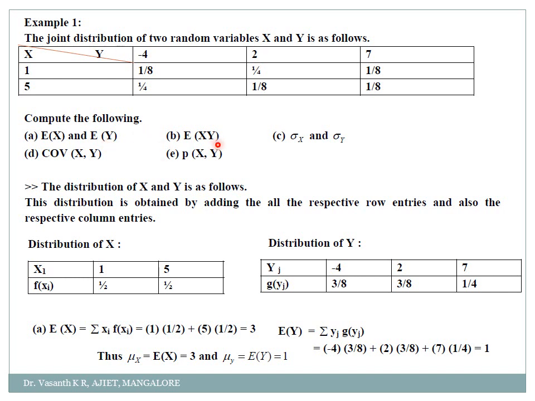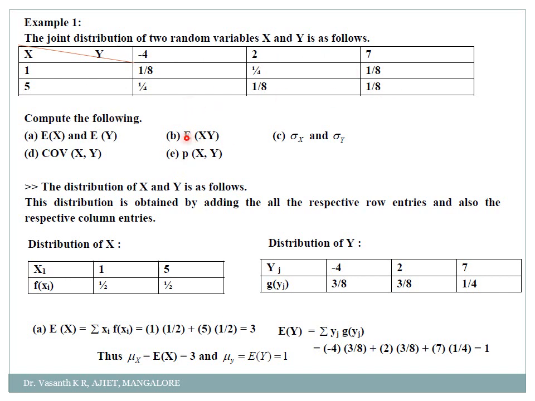Yes. Next they have asked me expectation of xy. So what is expectation of xy formula? See, when expectation of x is xi into f of xi, what will be expectation of xy together? So it is summation of xi yj into f of xy, means this into this plus this. 1 into minus 4 into 1 by 8 plus 1 into 2 into 1 by 4 plus 1 into 7 into 1 by 8 plus 5 into minus 4 into 1 by 4 and remaining all the terms.